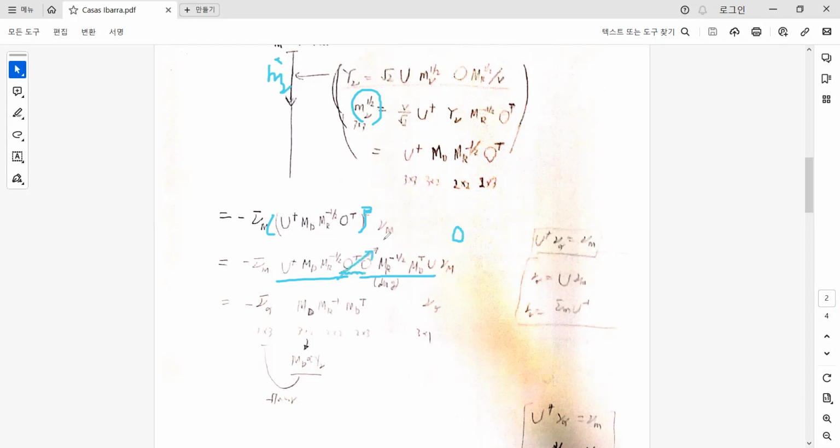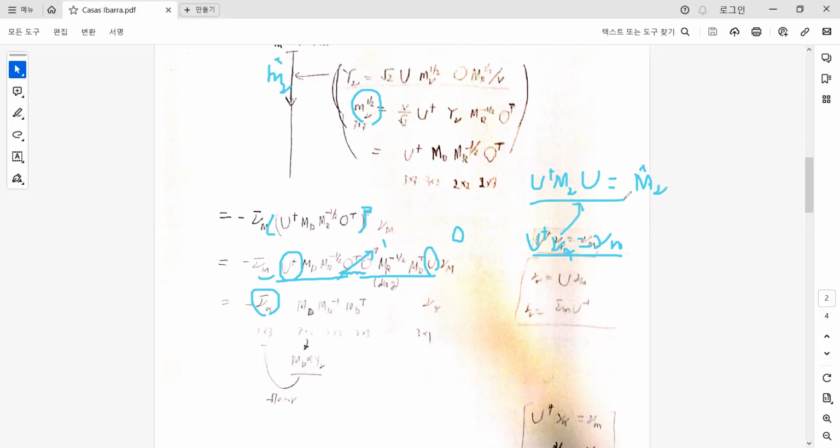So this becomes the one, and also the PMNS matrix U changes the flavor eigenstate to the mass eigenstate. Note that U dagger changes the flavor eigenstate to the mass matrix, because the U makes the mass matrix diagonal.